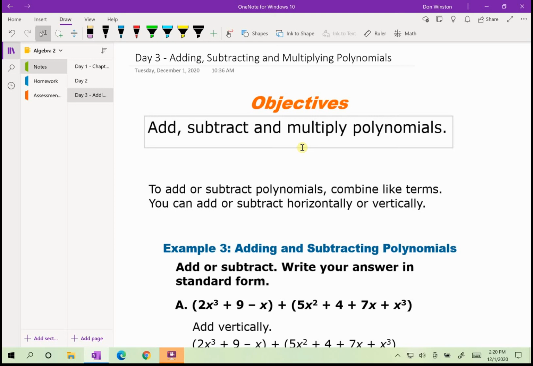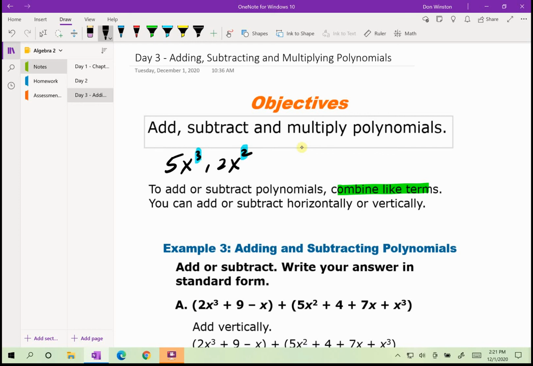So here we go. To add and subtract polynomials, you have to combine like terms. Like terms have to have the same power. For example, 5x to the third and 2x squared are not like terms because the exponent is different.